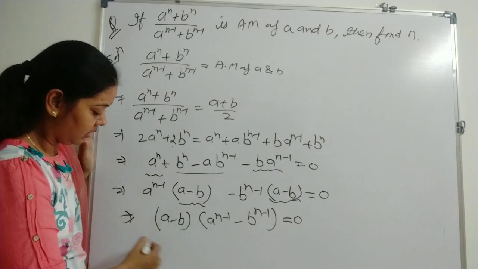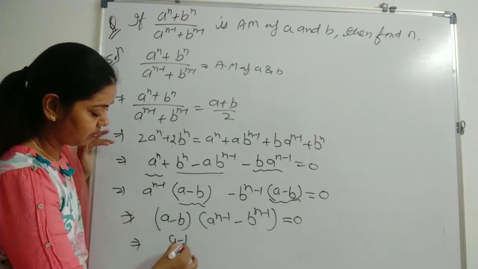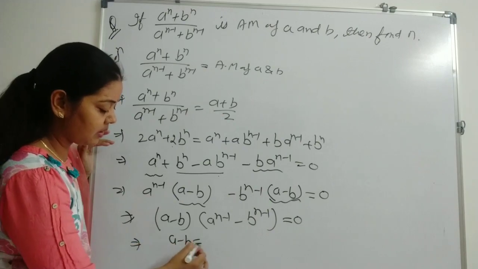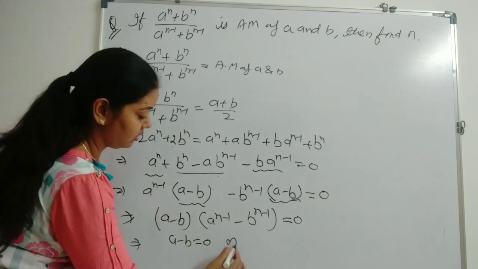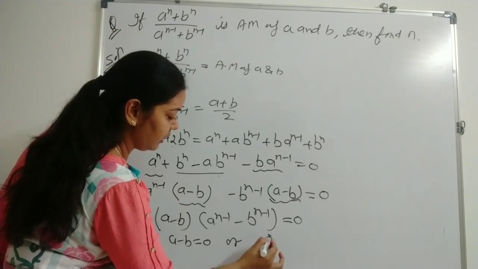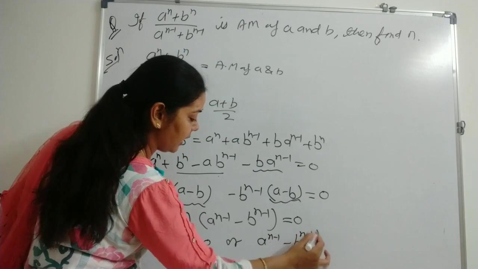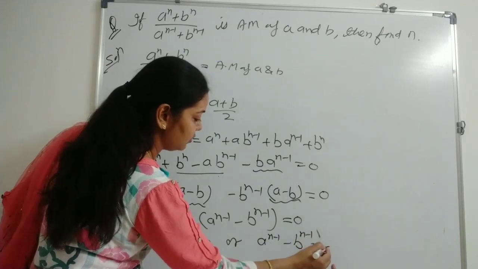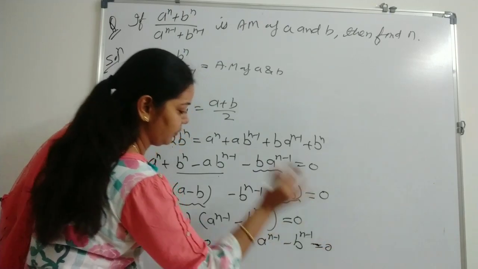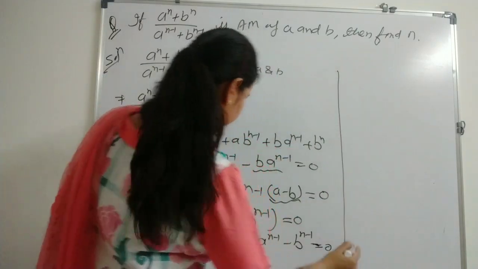Now from this condition, we reach that maybe a minus b is equal to 0, or maybe a^(n-1) minus b^(n-1) is equal to 0. Okay? So what did we get here?